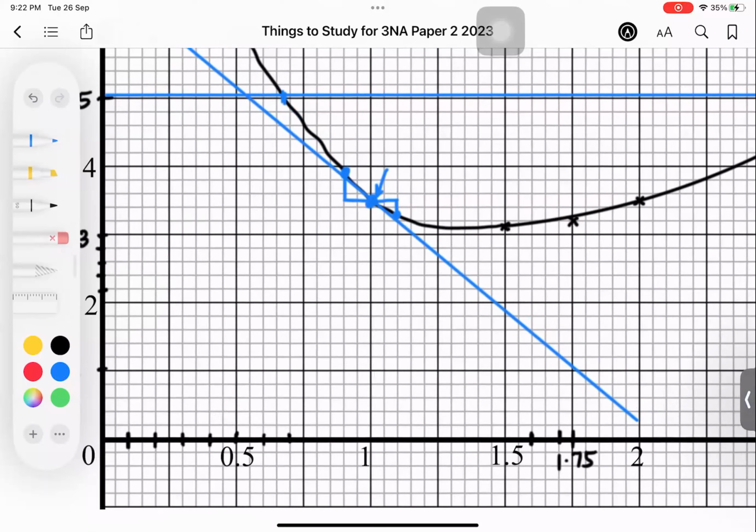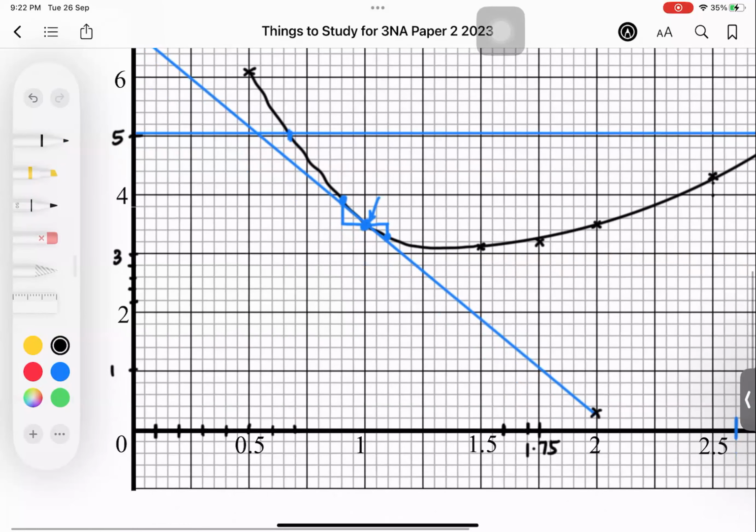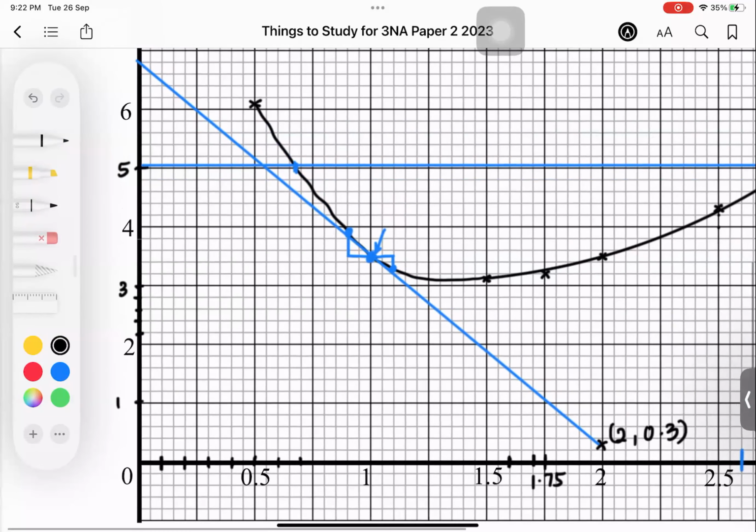Then find the gradient. How to find the gradient? Mark any 2 points on the straight line. I will probably use this one over here. So x is 2, this one will be 0.3. Then maybe I'll use 0.5, this one is 5.2.